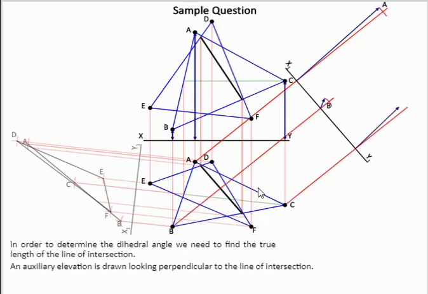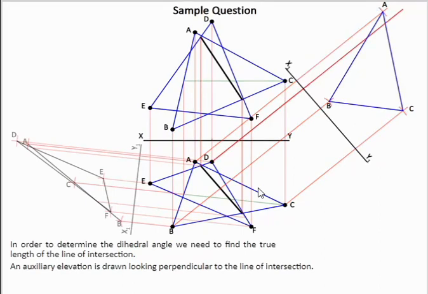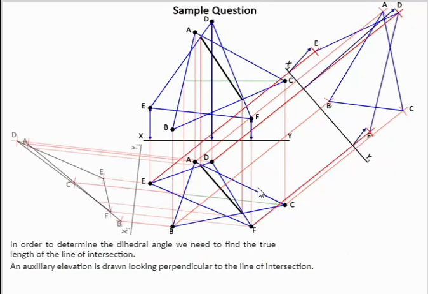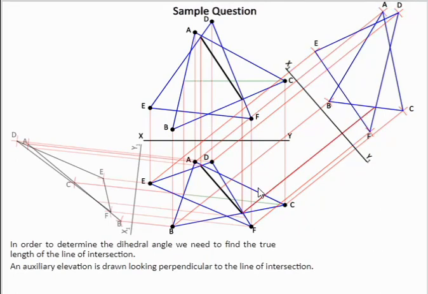The best way of doing this is take each triangle separately. So we have ABC, then we take DEF, mark it off, and next we bring up our line of intersection. So we have our true length of our line of intersection now.